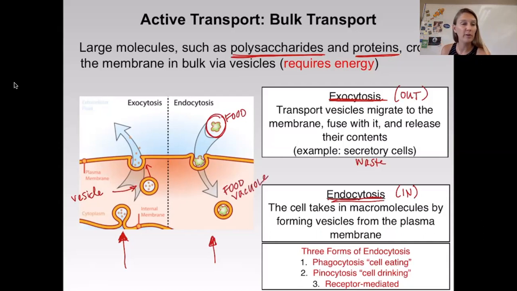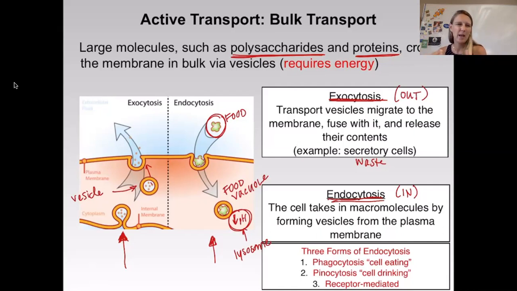And if you remember, what would a food vacuole bind with to eat it, right? That would be a lysosome, just as a reminder, where we have low pH and enzymes, which would then help digest that food, right? So exocytosis, pretty straightforward. You're just fusing vesicles to the plasma membrane and releasing.